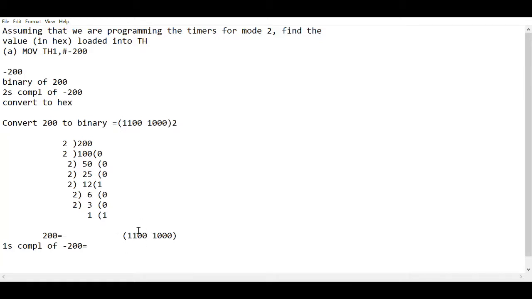In order to find ones and twos complement, you have to add a sign bit. So this will be 1 0 0 1 1. That will be 0 1 1 1 plus 1 will give you the 2's complement.